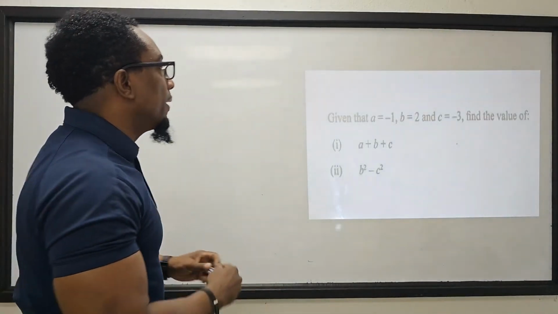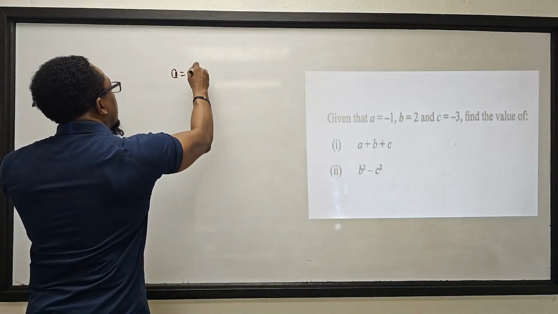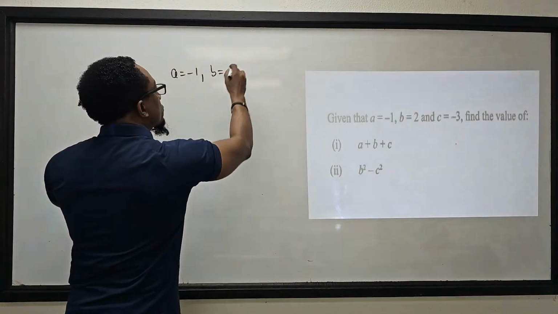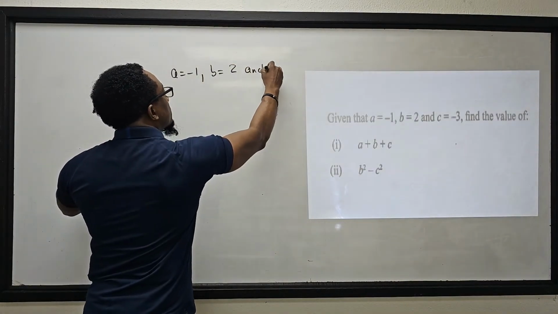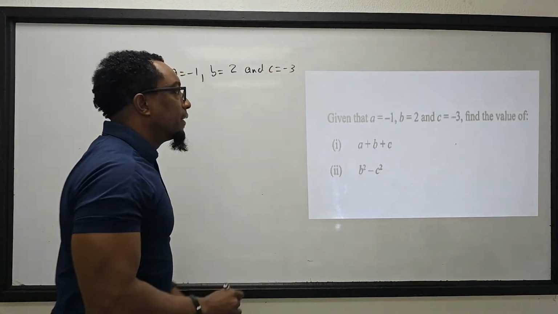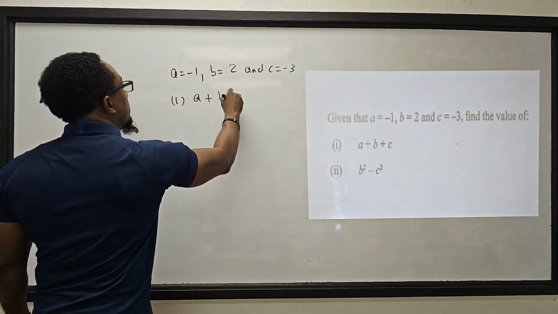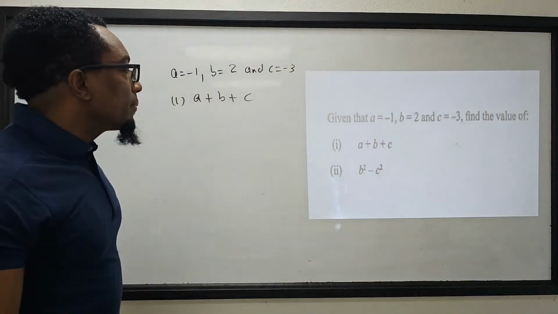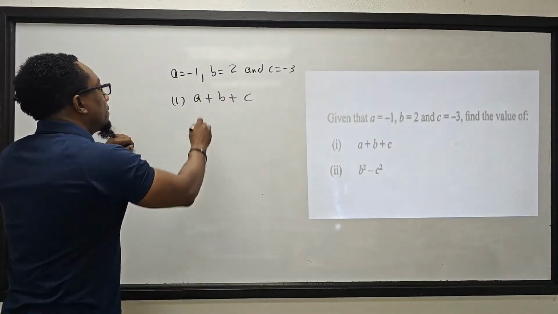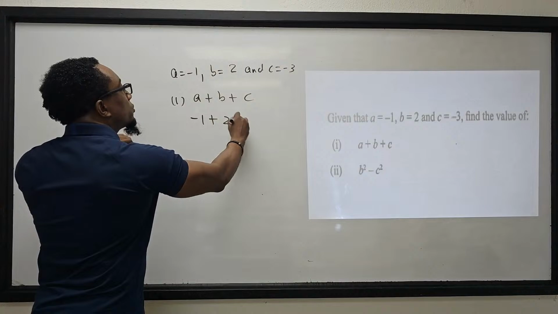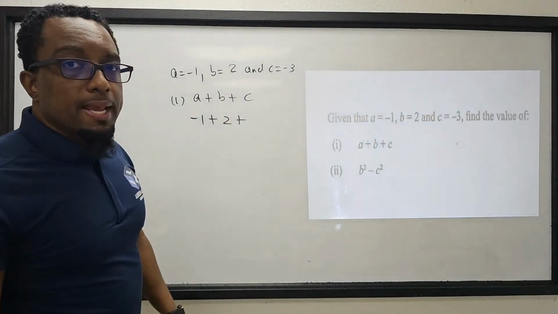given A is equal to -1, B is 2, and c is equal to negative 3, they want us to find the value of 1, a plus b plus c. So I'm going to replace a with negative 1, plus b with 2, plus c with negative 3.